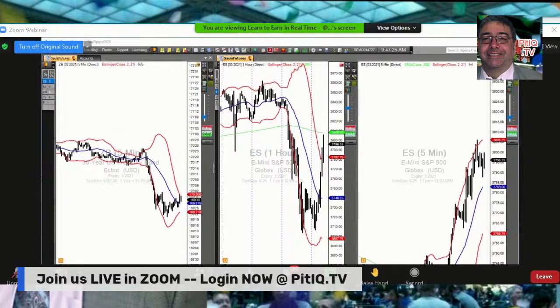Again, if you got a little opportunity there to buy the level of support that we suggested, nice little trade.